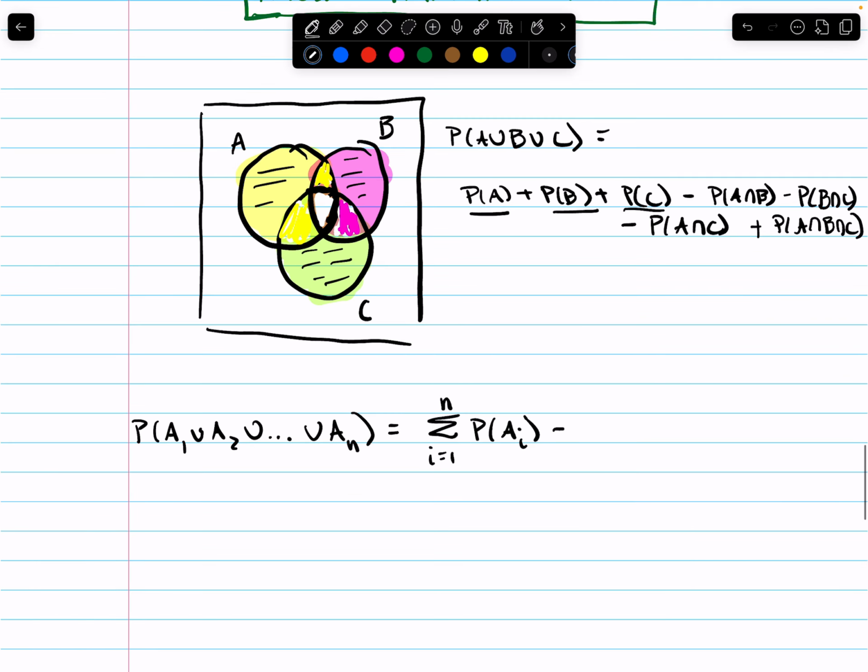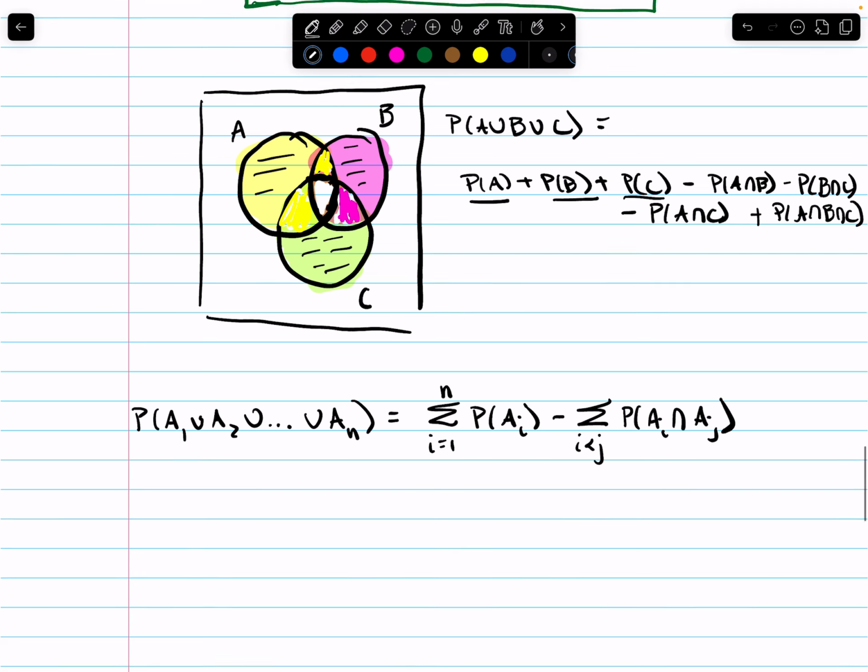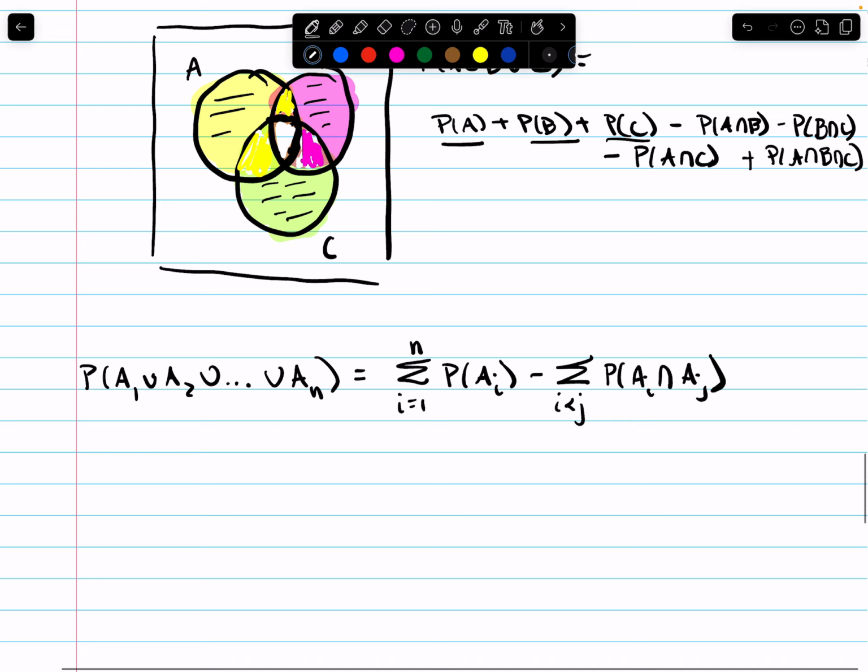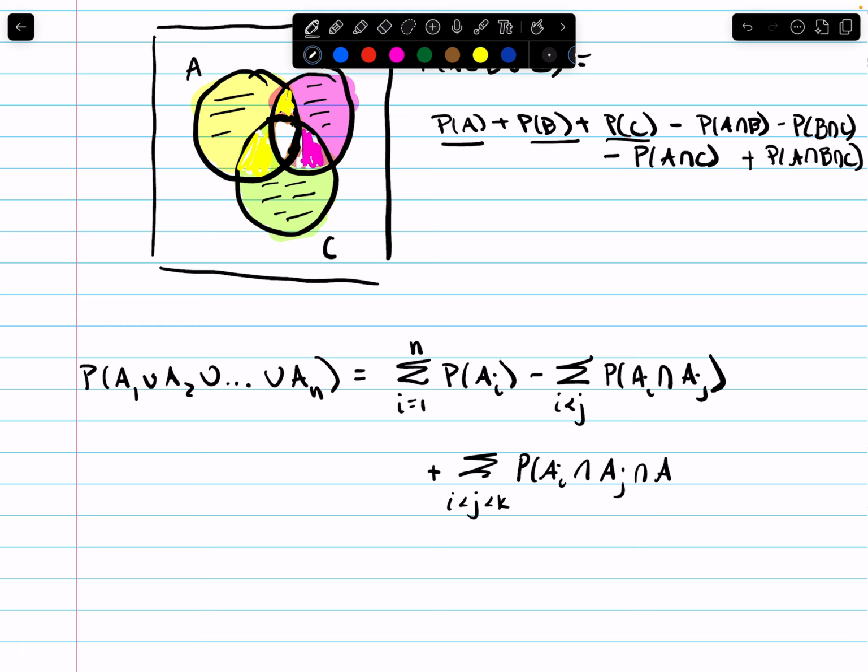Now we're going to subtract off all of the intersections. So we'll say the probability of A_i intersect A_j. And so we don't double count that, we'll say i less than j. And then we're going to add back all of the triples, however many those are. So we're going to write it like i less than j less than k, because we don't want to count all the permutations of the A_i's. A_i intersect A_j intersect A_k.